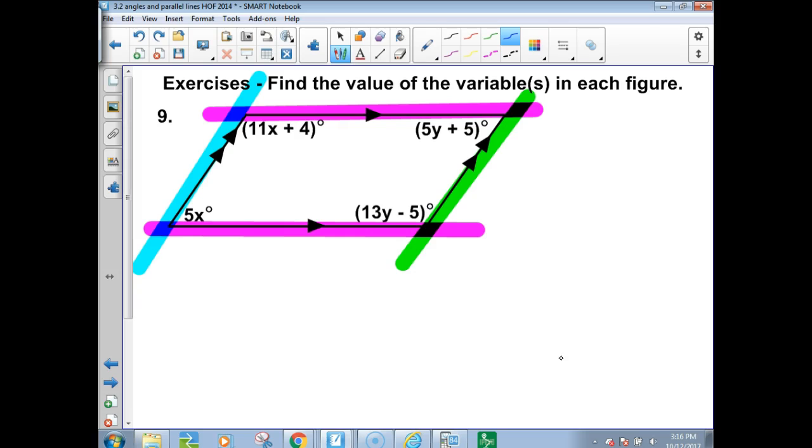Go ahead, Priscilla. They don't equal. They're going to add up to, so it's like the last problem. They're on the same side of the transversal. So they add to 180.